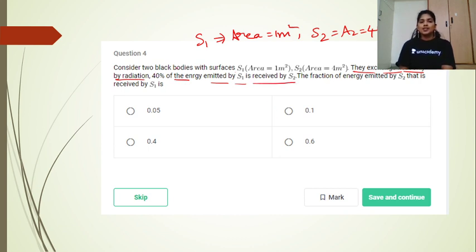So what does this mean? The energy emitted by S1 is received by S2. What is this trying to say? They are trying to say something about view factors.